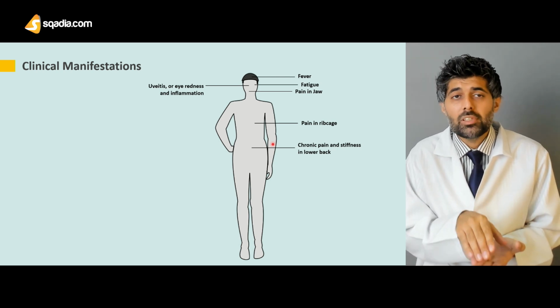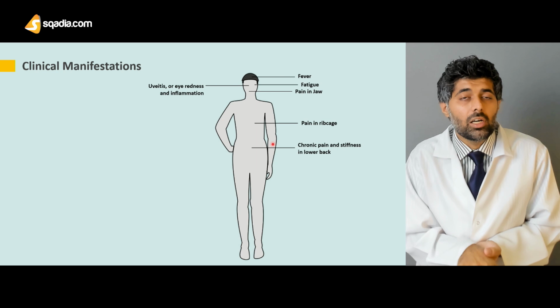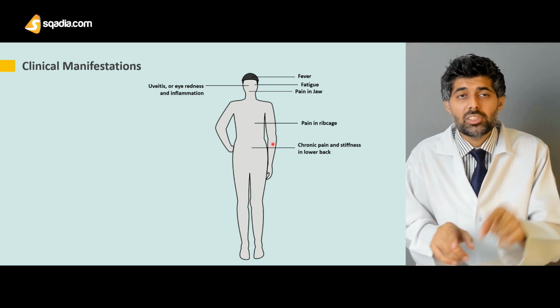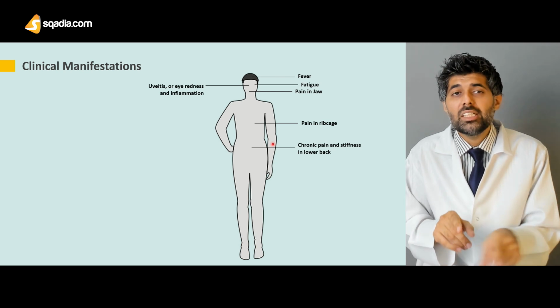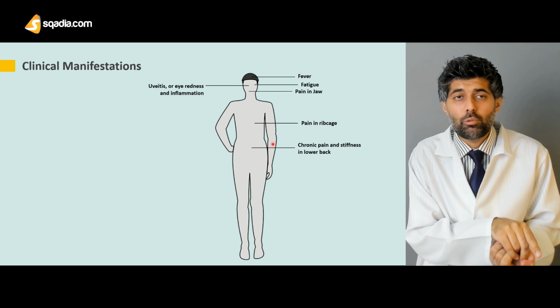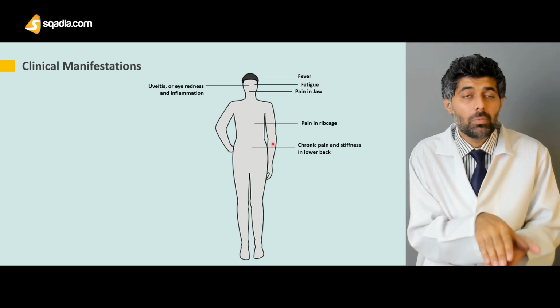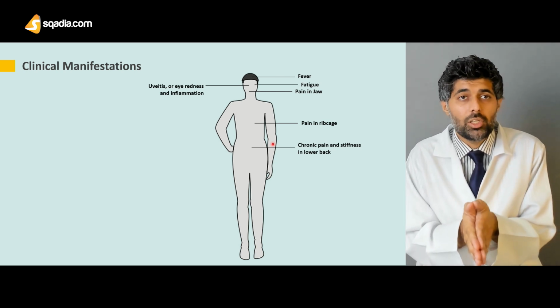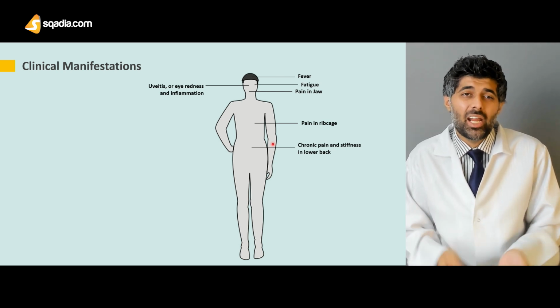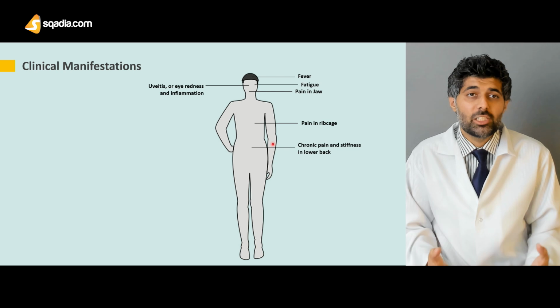This stiffness is again due to the sacroiliitis and the resulting formation of syndesmophytes. Because of this fusion of the bone of the vertebral column and the sacroiliac joint, there is a loss of both movement and range, resulting in stiffness.